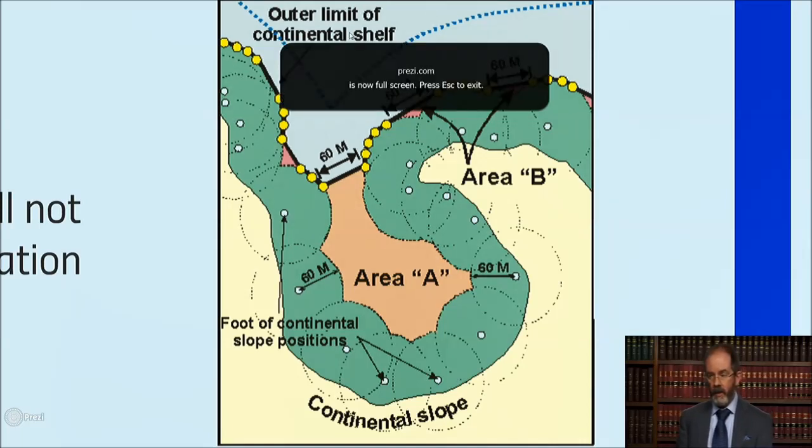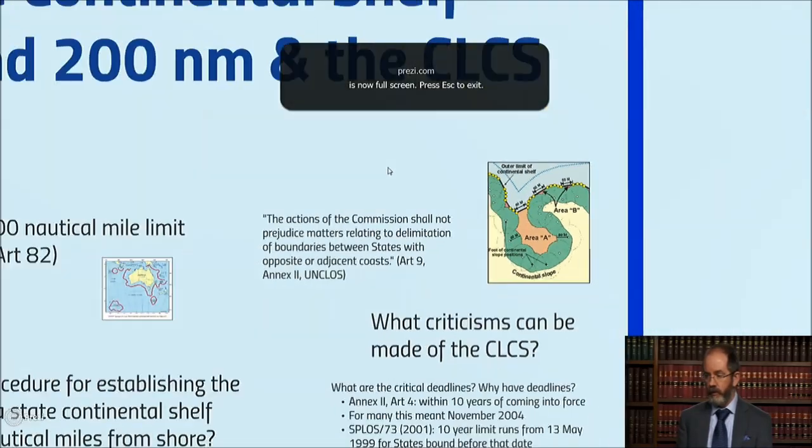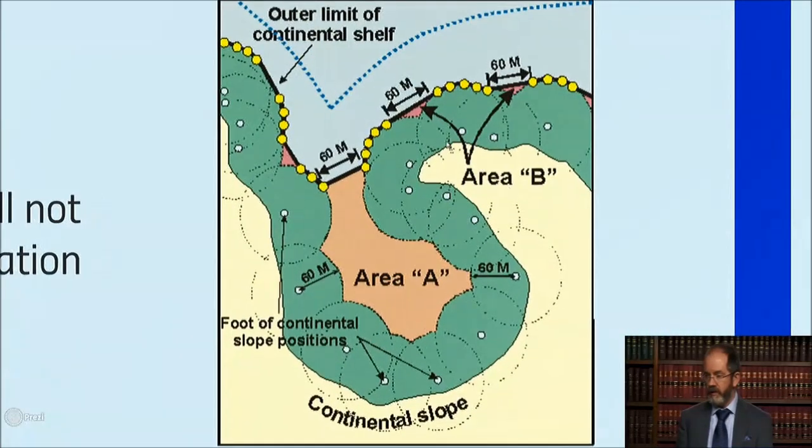You can use joining lines if the result is that these little slices up here labelled Area B are absorbed into your legal continental shelf, but this just looks like claiming something the rules did not intend you to do.